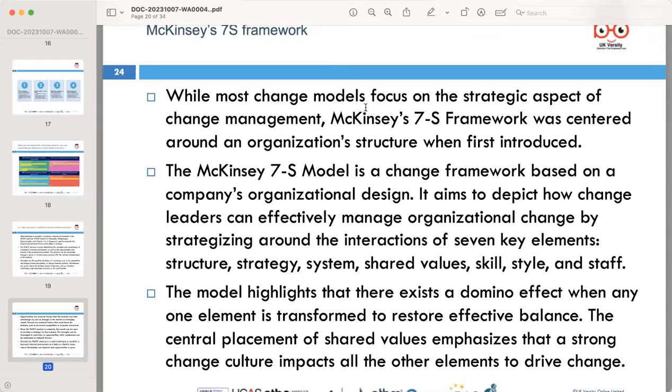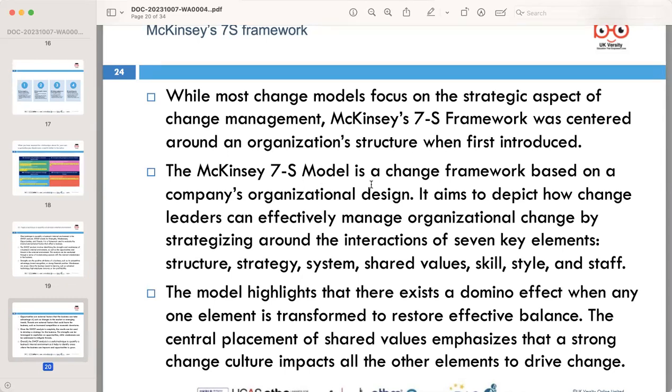While most models focus on the strategic aspect of change management, the McKinsey 7S framework was initially centered around an organization's structure. This framework has evolved to consider seven key elements: structure, strategy, systems, shared values, skills, style, and staff.